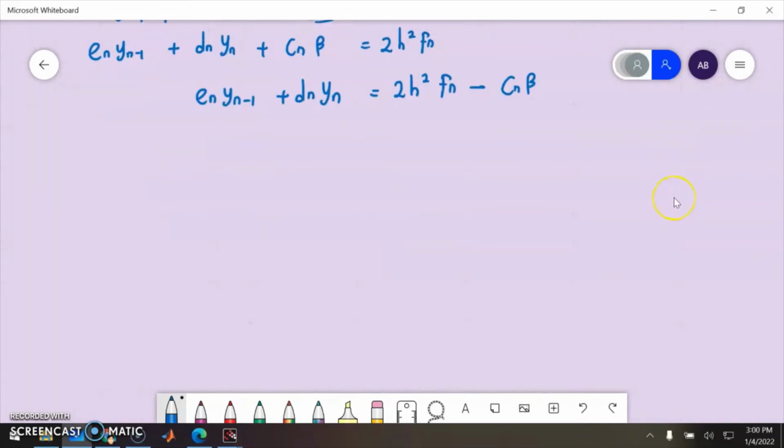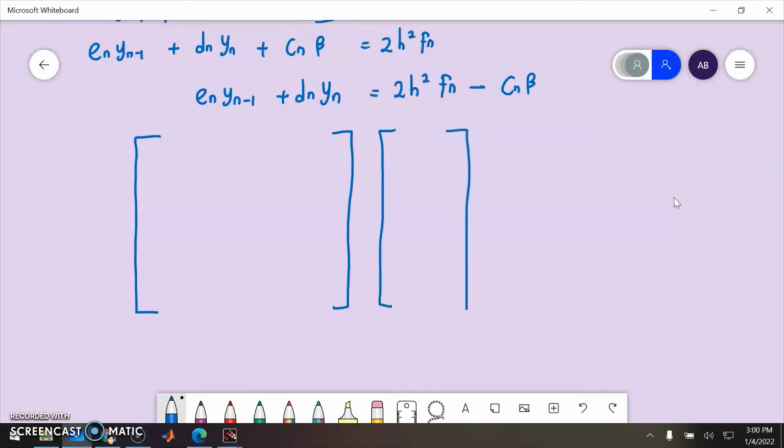To write the system of equations, I've got to write it properly. Okay, so let's do a big system. Depends how big you want it, but this will help you to solve this system. Let's see what we have.